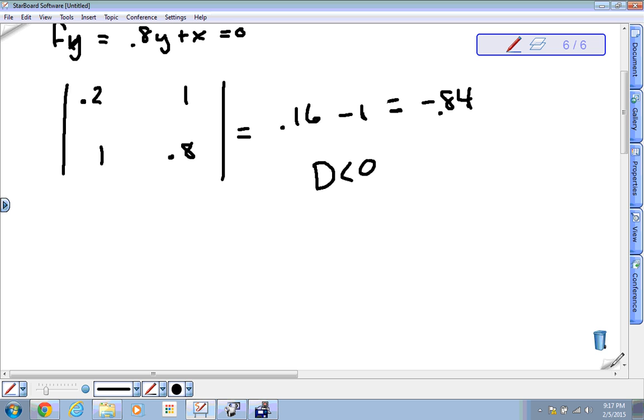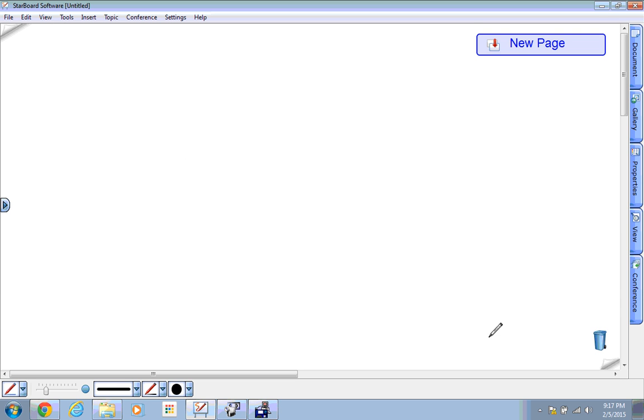Alright. Here's one right off the homework page. Let's do y squared minus 2y cosine x, and this, of course, is f of x and y.